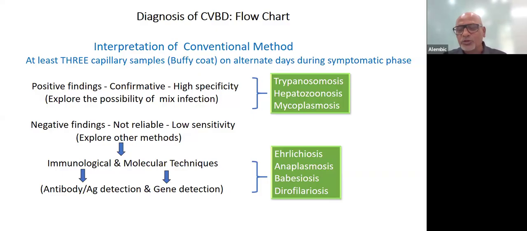As you all know, in immunological techniques, the antibodies against the particular organisms are detected, and there are very few instances where antigens are detected. In molecular techniques, the DNA of the organisms is detected. So as far as the conventional methods, I know that there are certain limitations, but if you use them judiciously and properly, particularly by preparing a buffy coat smear during the active phase of infection, at least for trypanosomosis, hepatozoonosis, and mycoplasmosis, you will get a good clue.